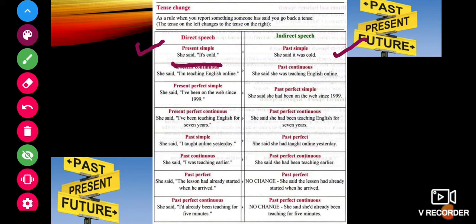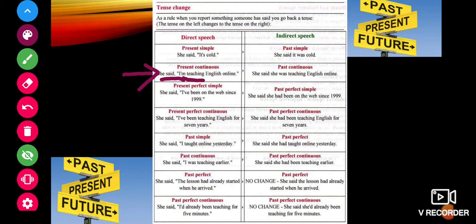Let us look at the example. She said, "It's cold." Now look at the word "it is." In the direct speech, when we convert it into indirect speech, "it is" changes to "it was." If the direct speech is in present continuous tense, it changes into past continuous tense in the indirect speech.